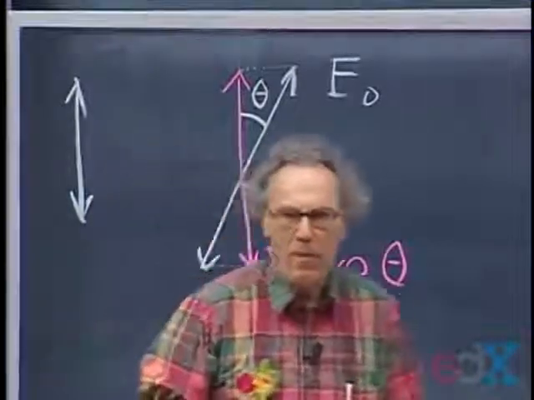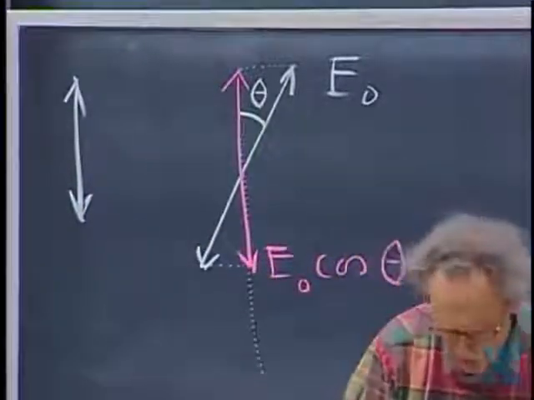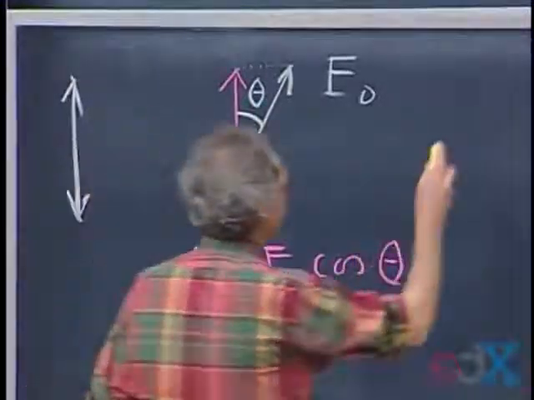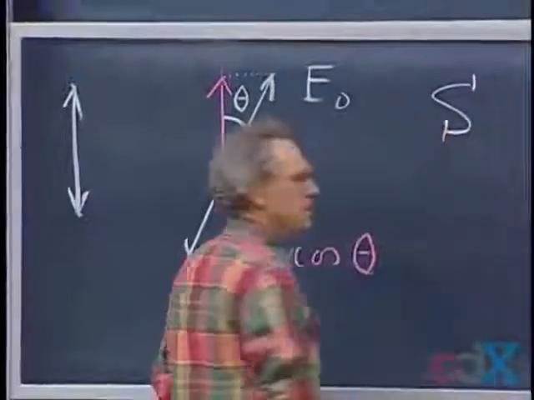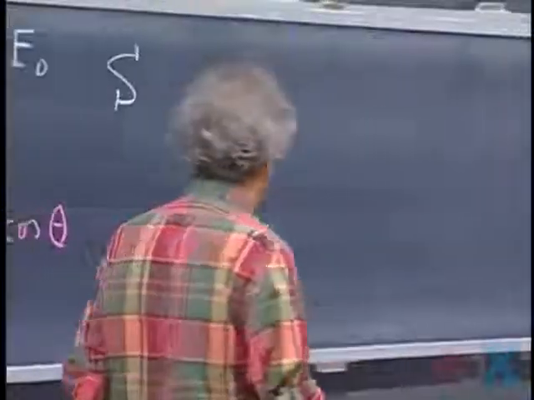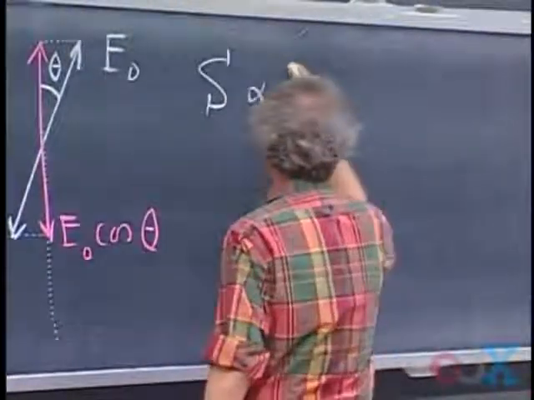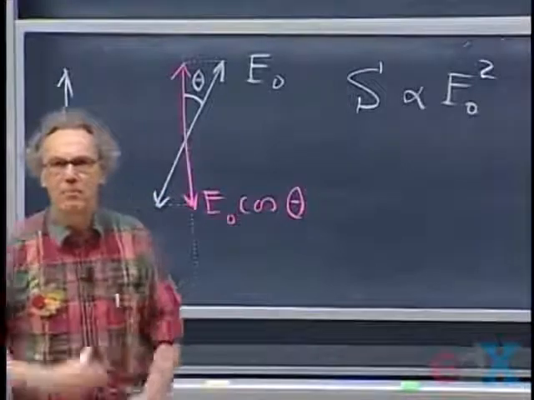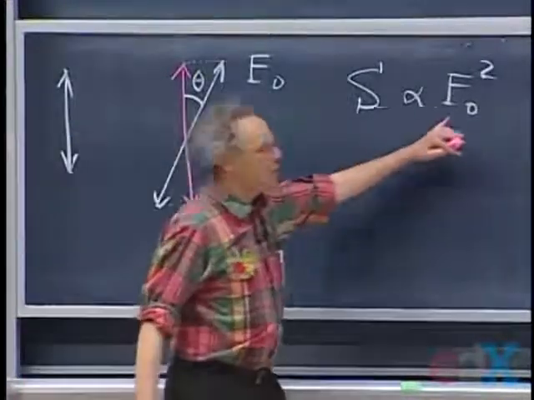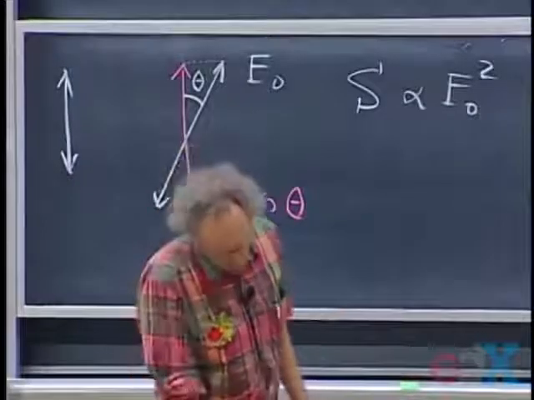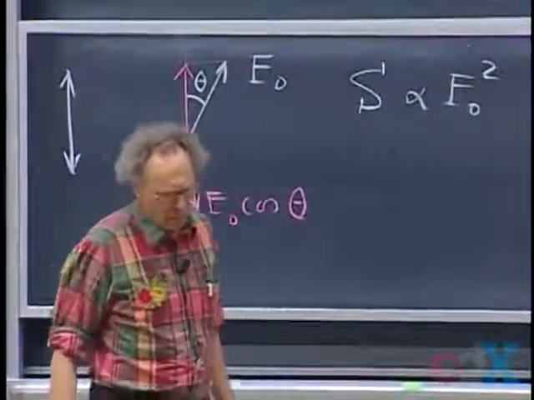If you ask me now whether the light is reduced in intensity, I would have to say yes, of course, because light intensity depends on the Poynting vector, and the Poynting vector is always proportional to E0 squared, because the Poynting vector depends on the cross product between E and B. And if E is reduced, B is also reduced. And so we get a cosine squared reduction.